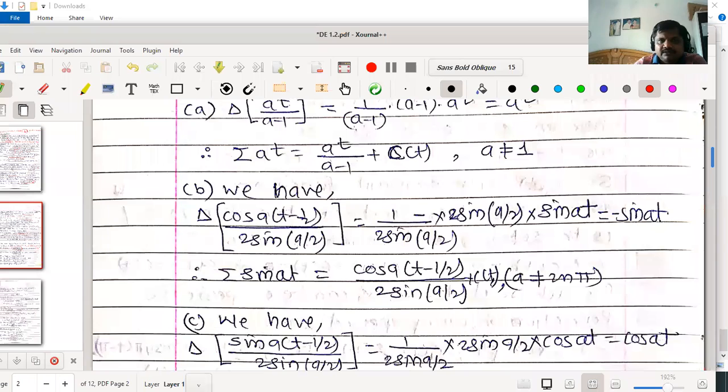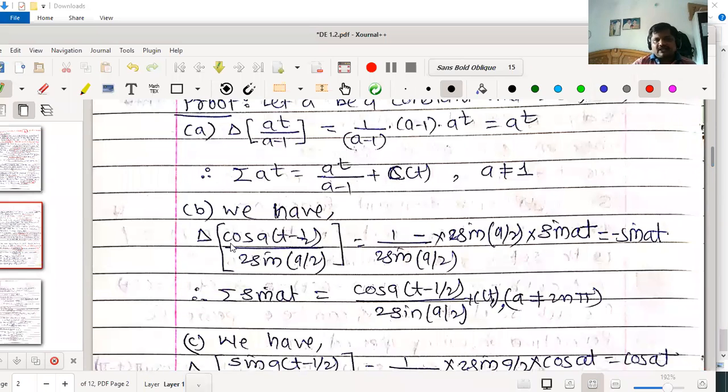Second, we have delta of cos at minus 1 by 2 upon 2 sin a by 2. So 1 upon 2 sin a by 2 is outside, we will find only delta of cos a(t minus 1 by 2). We have the formula for cos at. Delta of cos at, what is the formula we have?